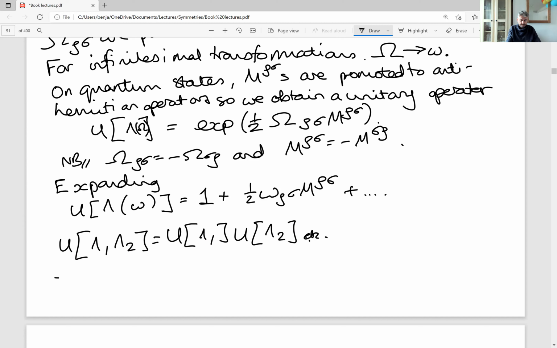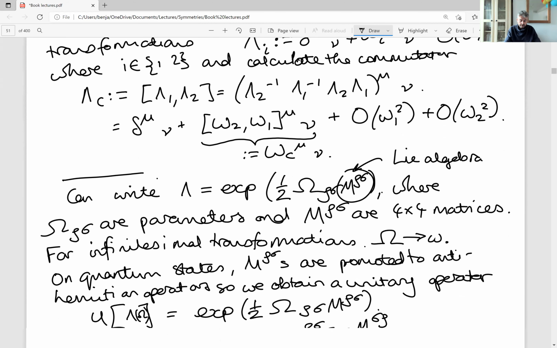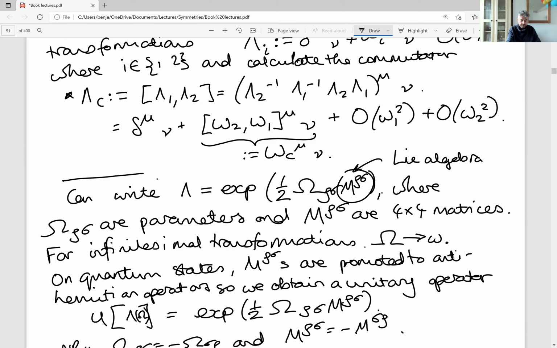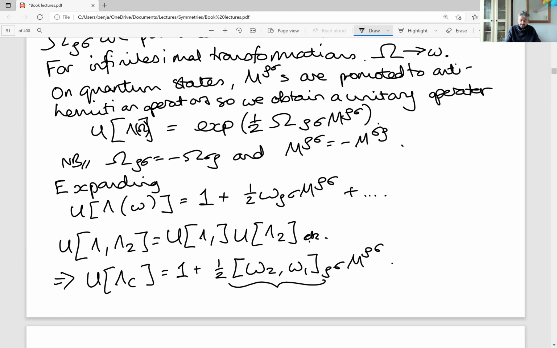And so what I want to do now is calculate the unitary operator corresponding to this commutator here. So all I do is some expanding and I get 1 plus 1/2 omega 2 comma omega 1 rho sigma M rho sigma. Remember, this is omega c.